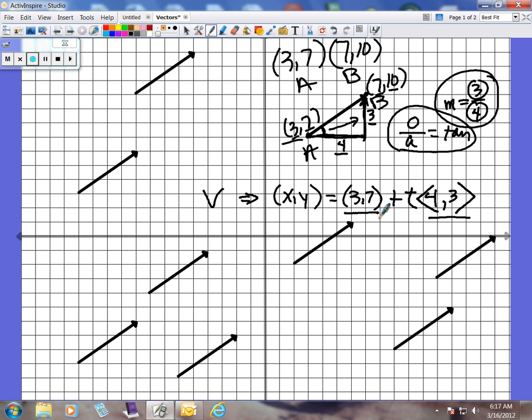So what I want you to see here is, let's just do this. Let's move this one vector right here. We'll move him down here. Now let's move another one to the end of that. And then let's move another one that we know is equal to it to the end of that.